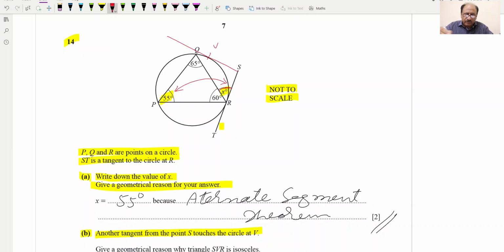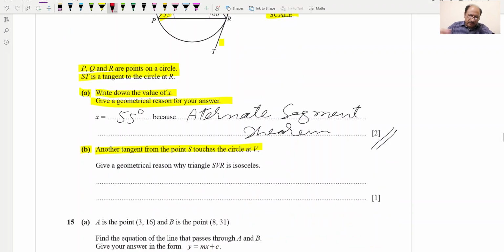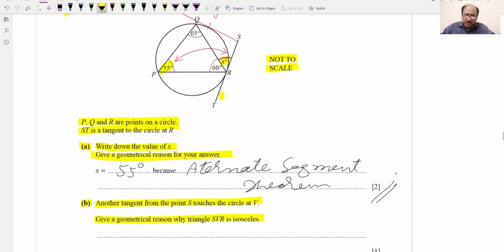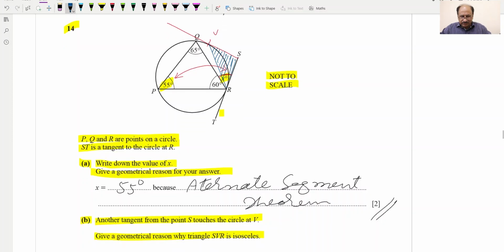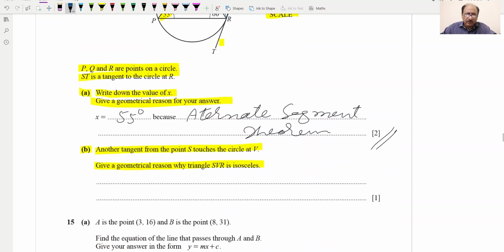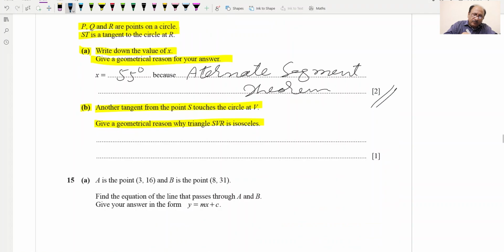So this point is V, and this is what they are saying, and give a geometrical reason why triangle SVR, SVR is this triangle. Now you can figure out what is SVR. If I draw SVR, so this is basically the SVR triangle.